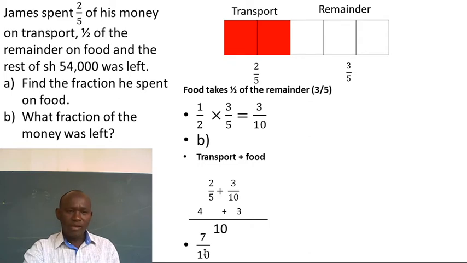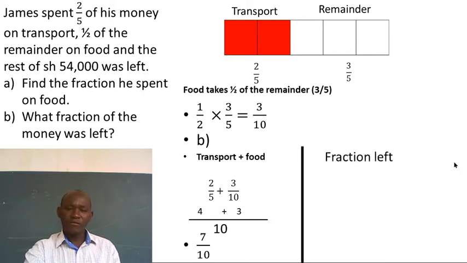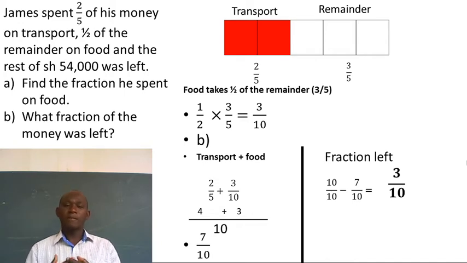So we want the remaining fraction after spending 7 out of 10. Using the common denominator 10, we take 10 out of 10 away 7 out of 10. Since the denominators are the same, the answer is 3 out of 10. That is the fraction left.